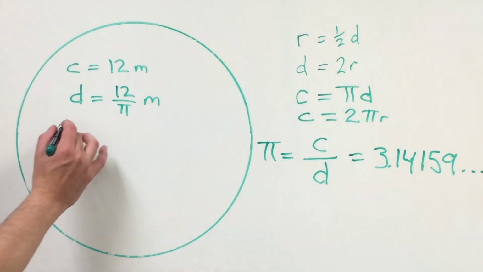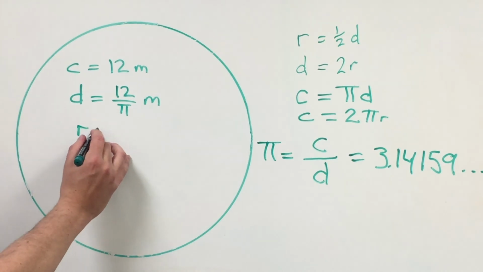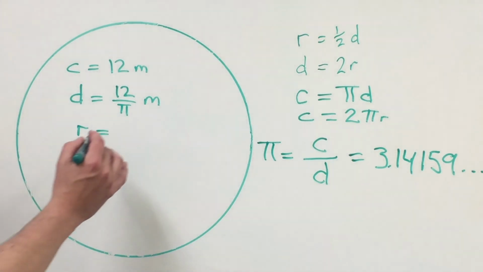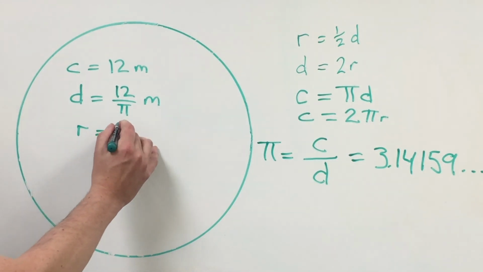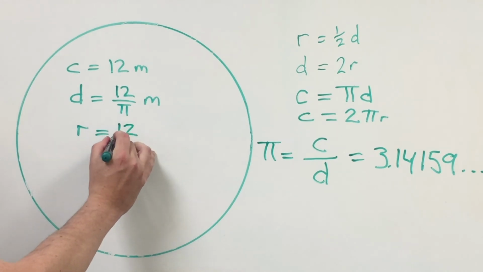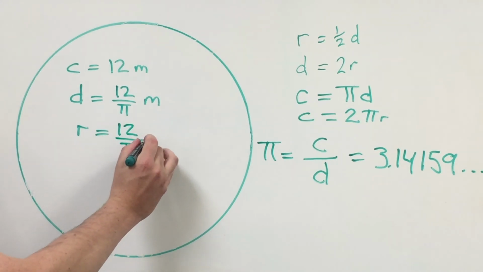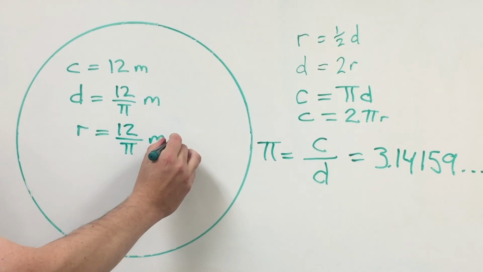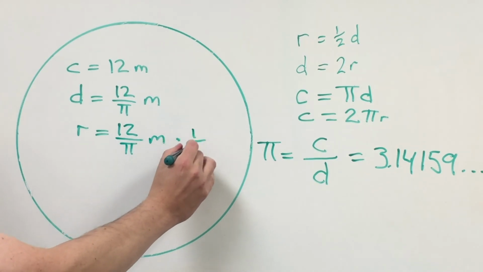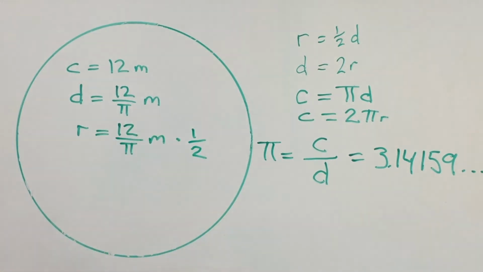What about the radius of this circle? Well, since we know that the diameter is equal to 2 times the radius, the radius of this circle must be equal to 12 over pi meters divided by 2. This is equivalent to saying that the radius is equal to 1/2 of 12 over pi meters, which can be written as 12 over pi meters times 1/2.